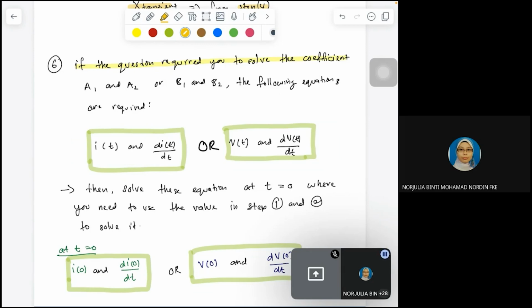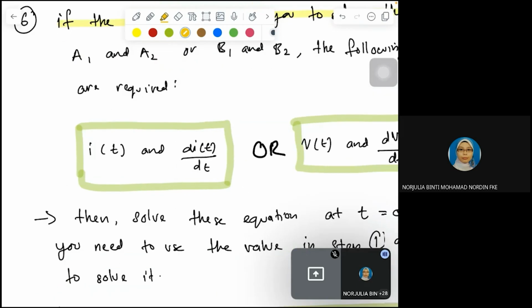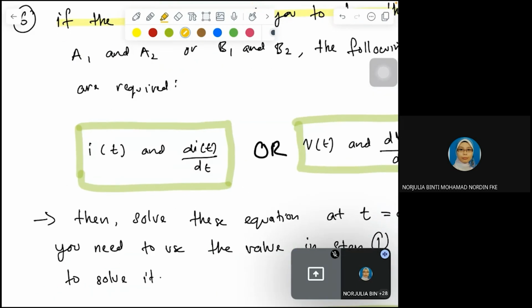All right. So if the question requires you to calculate or solve the coefficients A1 and A2, or B1 and B2, you need to have these two equations, depending on whether it's I or V. If you are analyzing the current equation, you need to have the i(t) and di/dt equations.